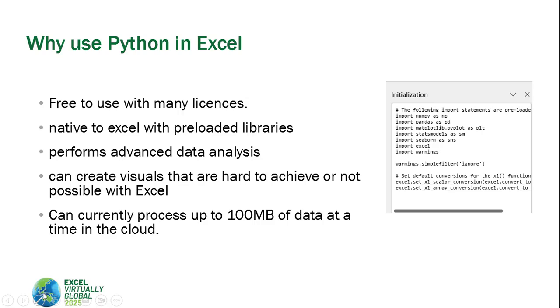So if you have a look at this image on the right, you can see that these are the libraries that are currently preloaded. So we've got NumPy, which is obviously good for your numeric calculations. We've got pandas, which we rely on quite a lot for Python and Excel because we use the pandas DataFrame to store Excel data. We've got matplotlib, pyplot.